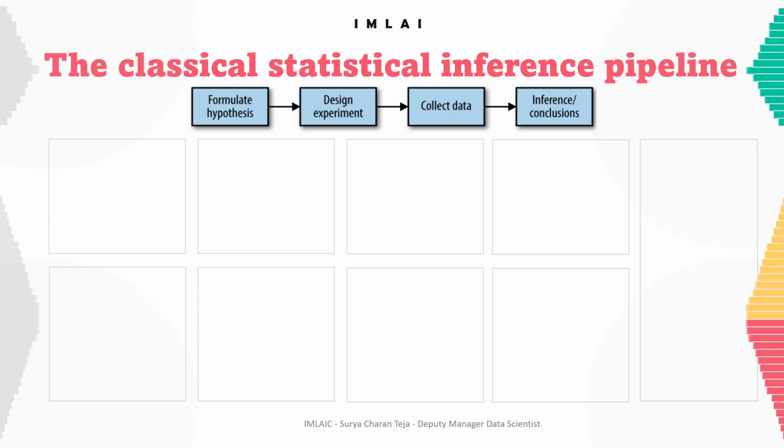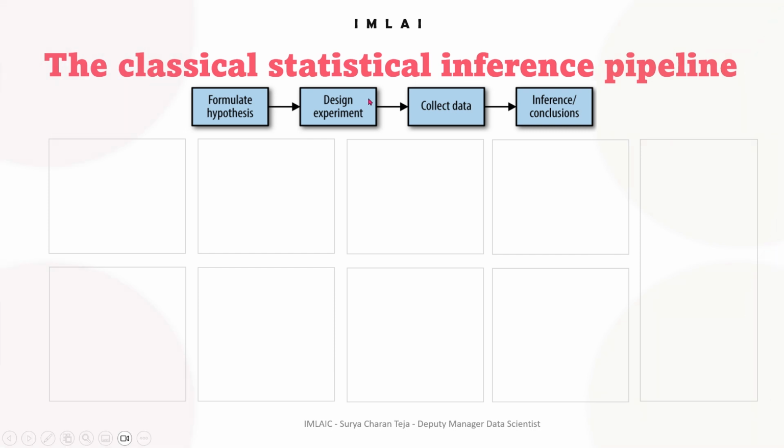Either drug A is better than the existing standard drug, or price A is more profitable than the existing price B. After that we have to move on to the experiment. An experiment might be an A/B test. So what is an A/B test? We will be looking into that in the next slide.